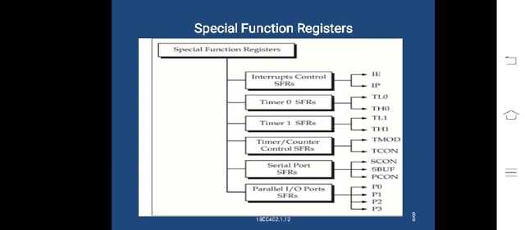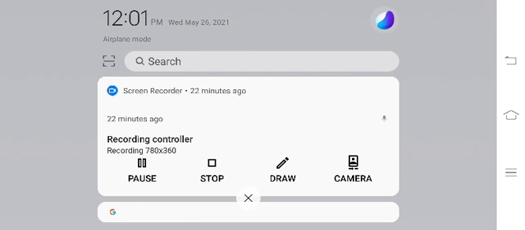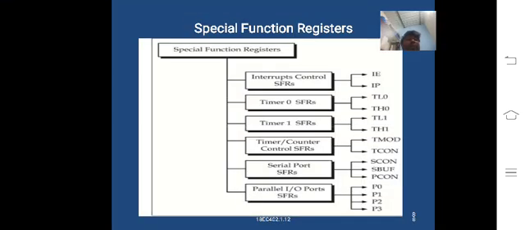The special function registers: interrupt control special purpose registers, timer 0 special function registers, timer 1 special function registers, timer counter control special function registers, serial port special function registers, and parallel input output port special function registers.